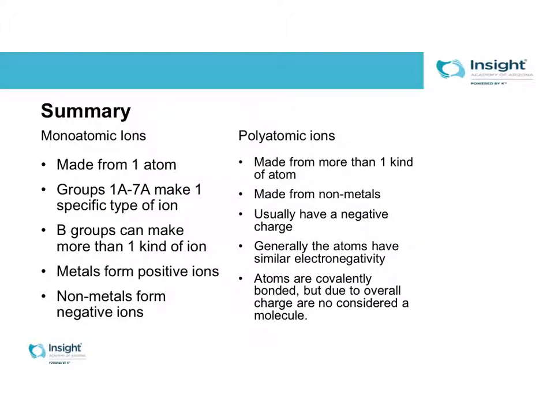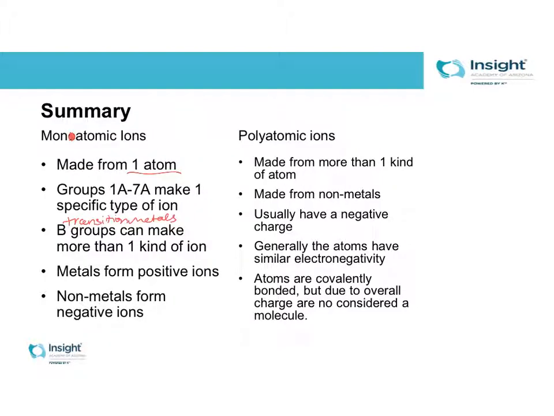So, summary for you guys. This is definitely a good spot to take some notes. Your monatomic ions are made from one atom. So mono means one. You should know the charge that groups 1A through 7A make, what kind of ion they form. The B group, or you can even think of this as the transition metals, tend to make more than one.